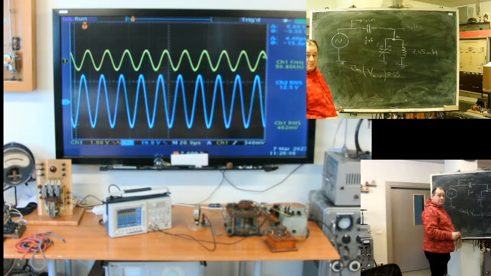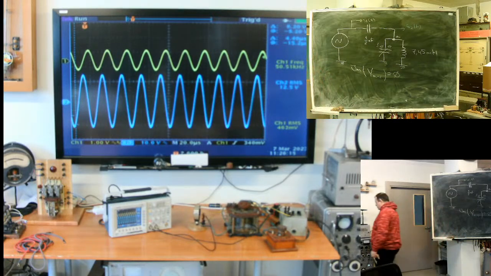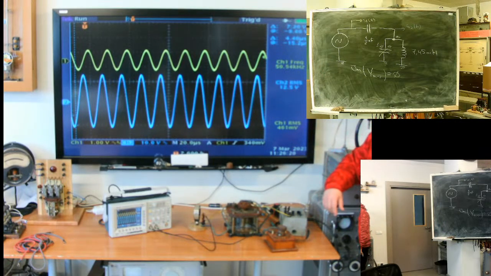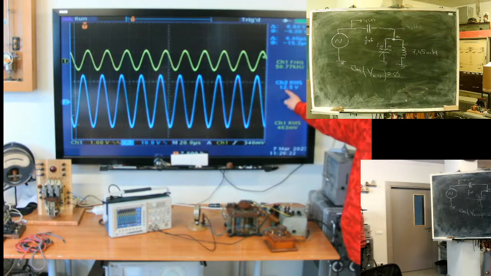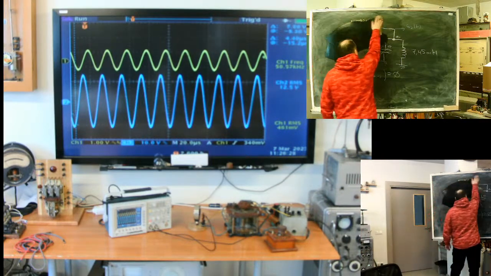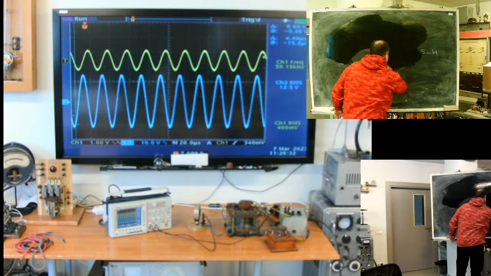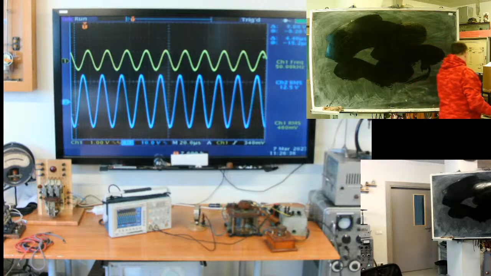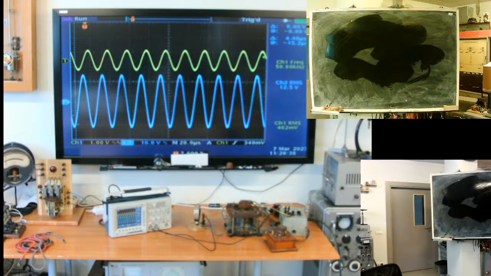Let's try to dig deeper. At this moment I have voltage from nowhere, isn't it? Generator supplies 400 millivolts, yeah? And I get 12 volts. I will not help you until I finish my question.